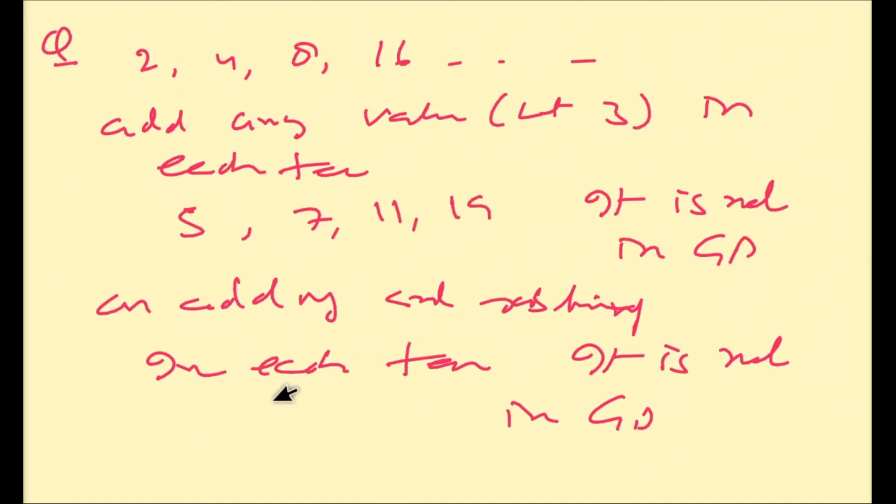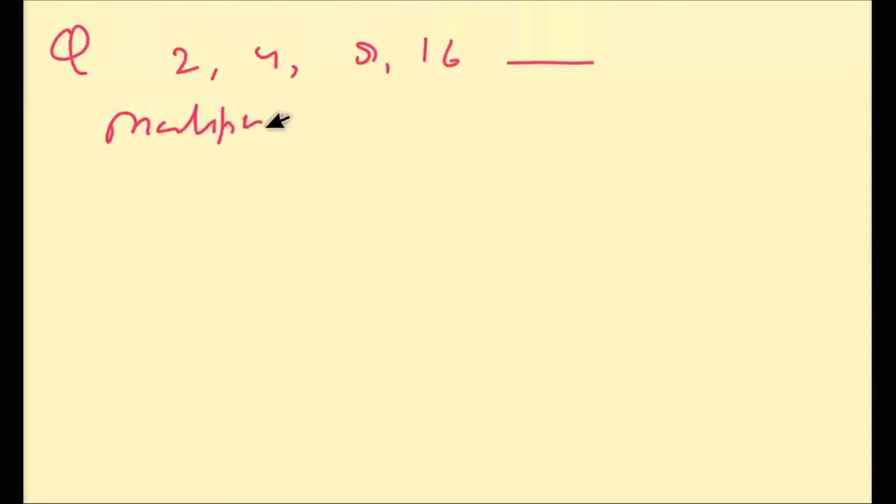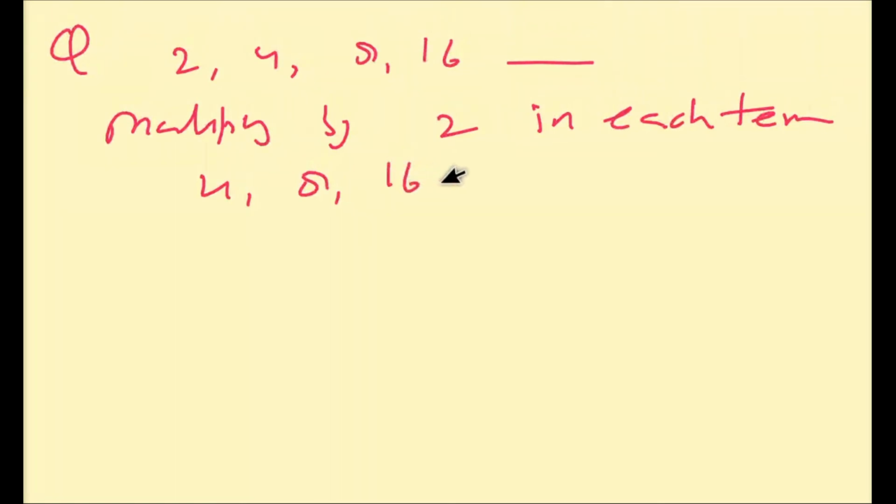So student, now let 2, 4, 8, 16 be multiplied by 2 in each term. What do we get? 4, 8, 16, 32. It is GP, isn't it?